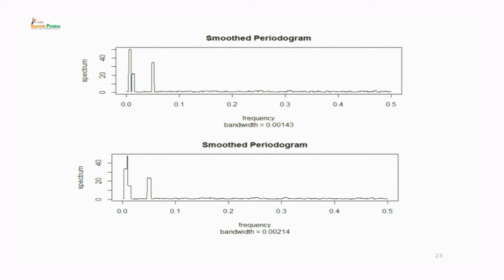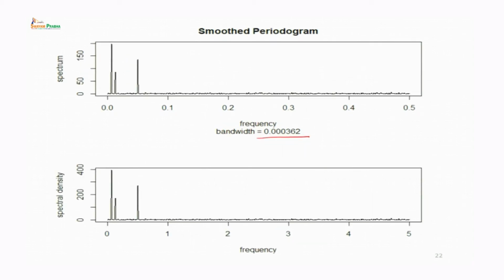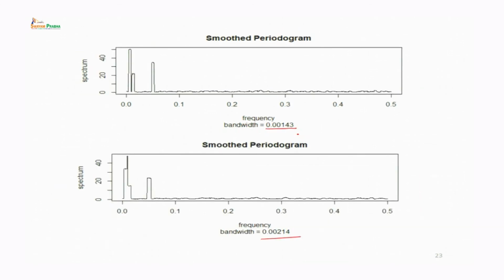These two periodograms are also smoothed periodograms. Here I have used the bandwidth 0.00143 and here I have used the bandwidth 0.00214. Now, see what happens when you increase the bandwidth from 0.000362 to 0.00143.